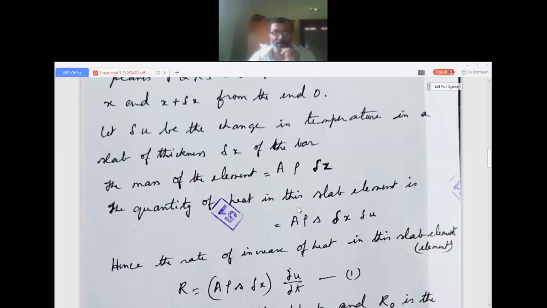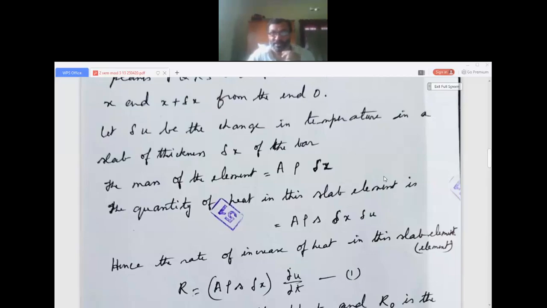So the quantity of heat in this slab element is A into rho into S into delta x into delta U. S is the specific heat, delta x is the distance between the two small infinitesimal lengths, and delta U is the change in temperature in that distance delta x.